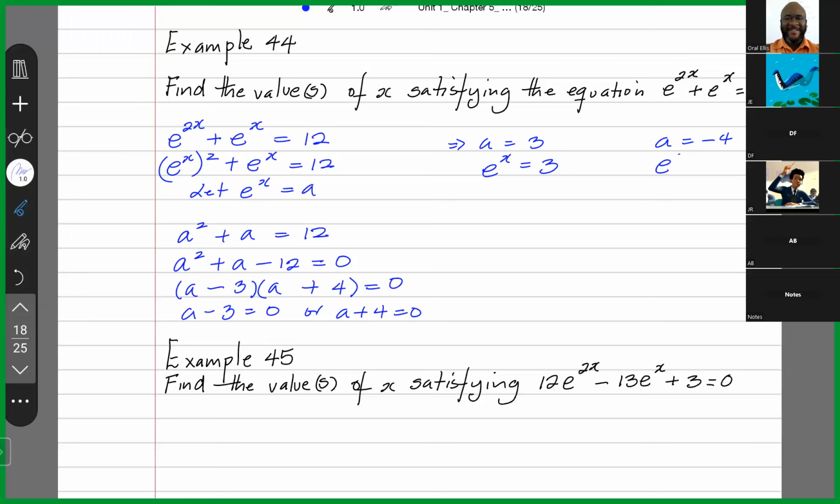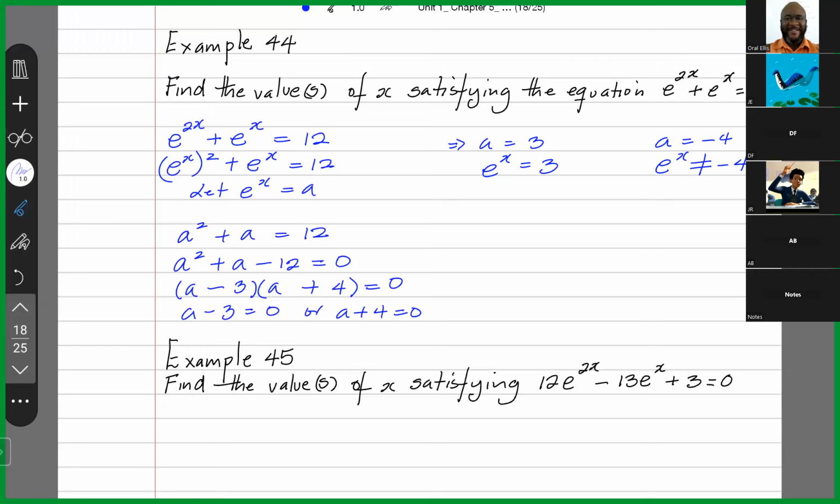Now, e to the x cannot be equal to minus 4, and I'll say why. There's no real number that x could be in order for e to the x to be equal to minus 4. The basic reason for that is you cannot raise a positive number to a power and get a negative answer.